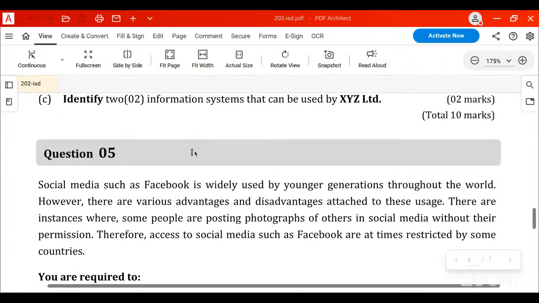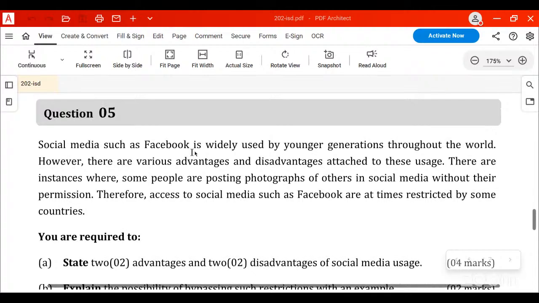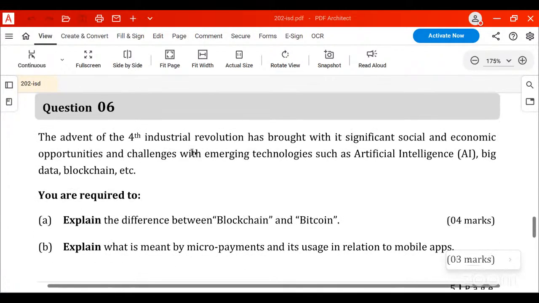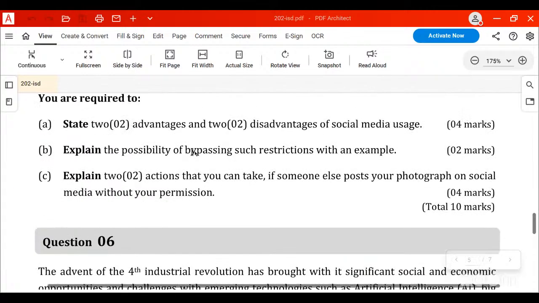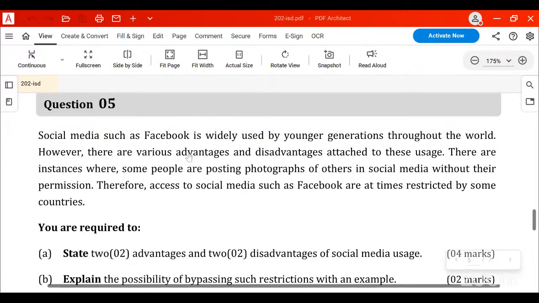Section number 5. State two advantages and two disadvantages of social media usage. Advantages: connecting different people.